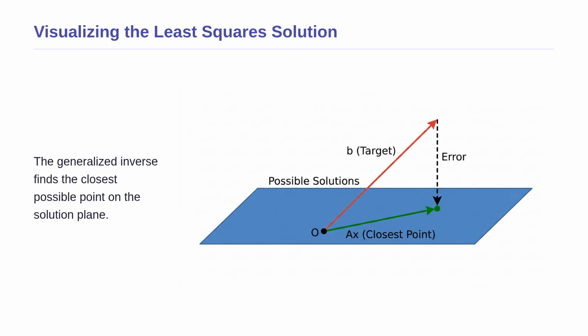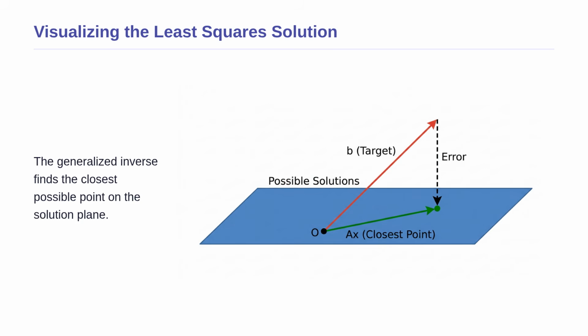Before we calculate one, let us visualize exactly what the generalized inverse is doing geometrically. Look at the blue plane on your screen. This plane represents all the possible perfect solutions we can actually reach using our matrix. The red vector is our target b. Notice how it sits off the plane? That gap means a perfect solution is impossible.